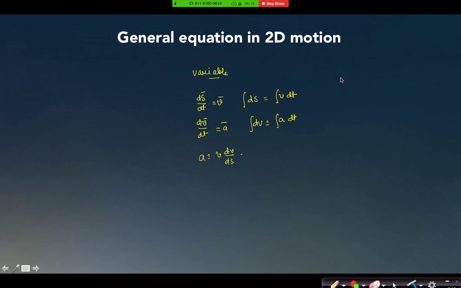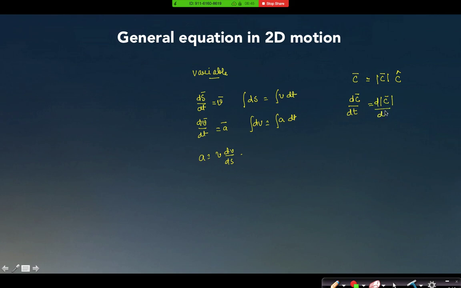Suppose that I have a vector, say any vector c vector, and its direction is c cap, definitely. So can I write that c vector is equal to modulus of c into c cap? So if I try to differentiate that c vector, then while differentiating, we will apply this concept: I will first take mod c as my variable.